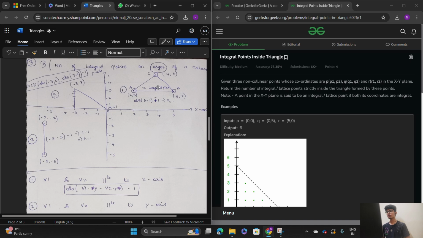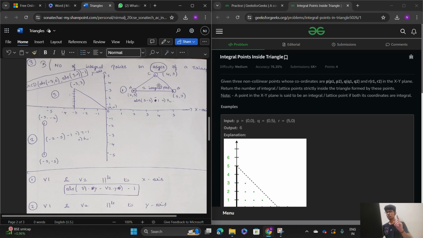To get this integral part, you need to separate it from the boundary line also. So that's the reason we are calculating the boundary line in our problem. When you find out the boundary line, you can apply it to our formula and get the integral lattice points.